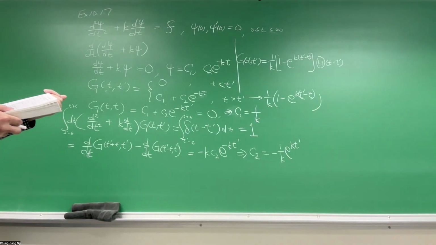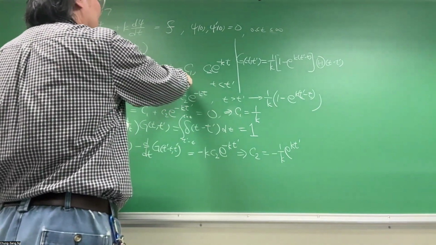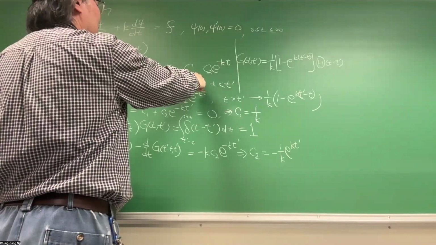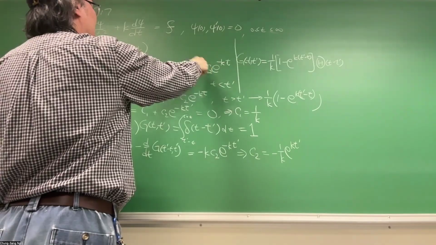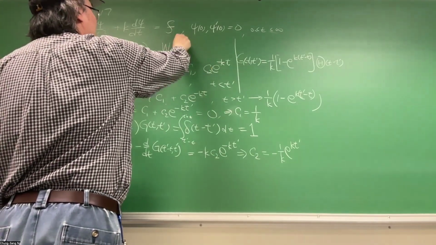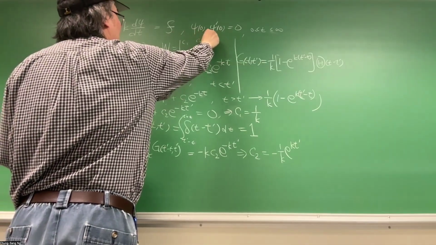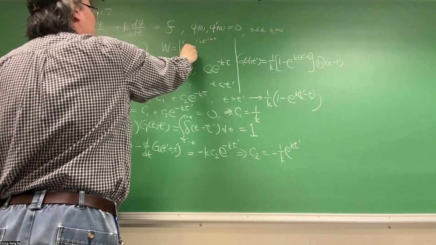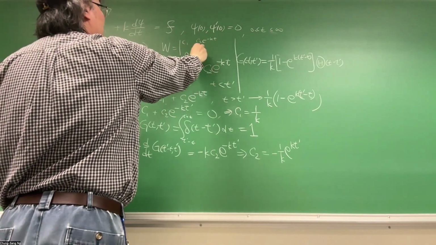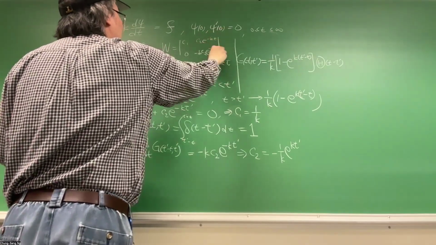But this one you don't use the Wronskian, right? Because you actually calculate the Wronskian of these two, and it should not be 0. There are two solutions, right? So if this is your psi 1, this is your psi 2. The Wronskian is psi 1, psi 2, so C1, C2 e to minus kt, right? And then C1 prime is 0. C2 prime is minus k C2 e to minus kt, right?